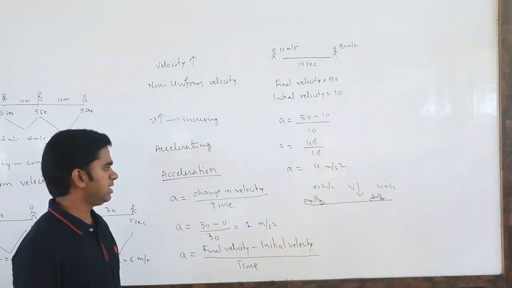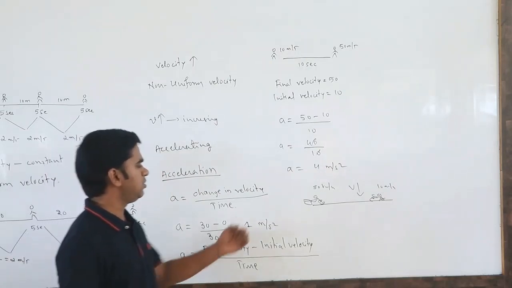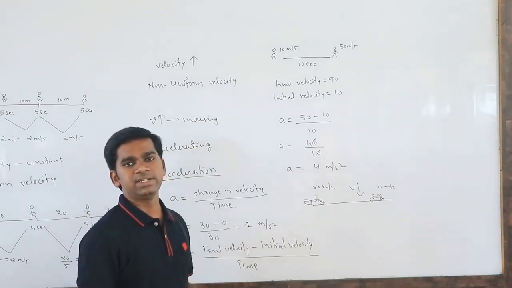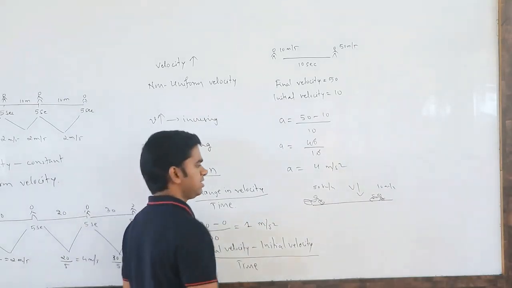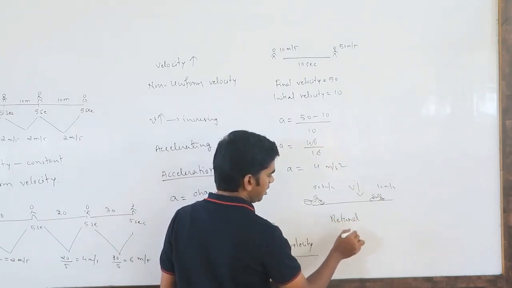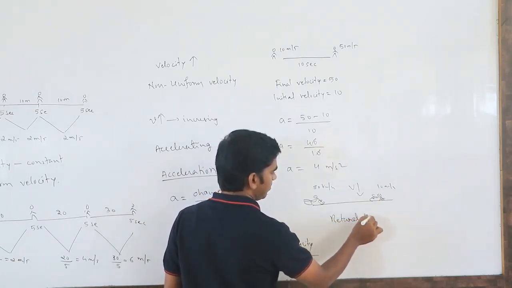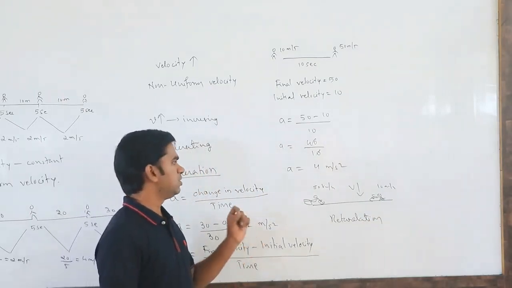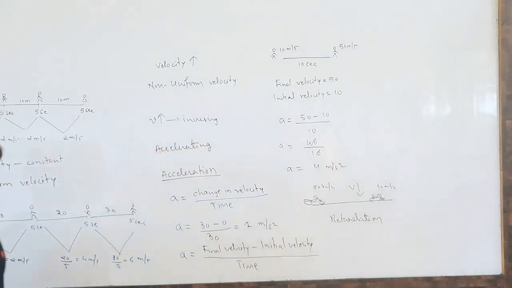Your velocity is decreasing means now you cannot say it is accelerating. What you will say? It is de-accelerating, or you can say it is retarding. It is called retardation, or you can also call it de-acceleration. Okay, so when velocity is increasing or when velocity is changing, one more term will come. That is what we call acceleration.